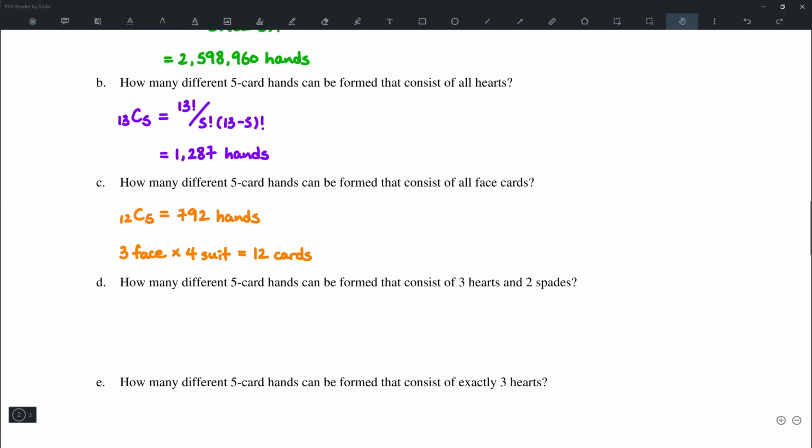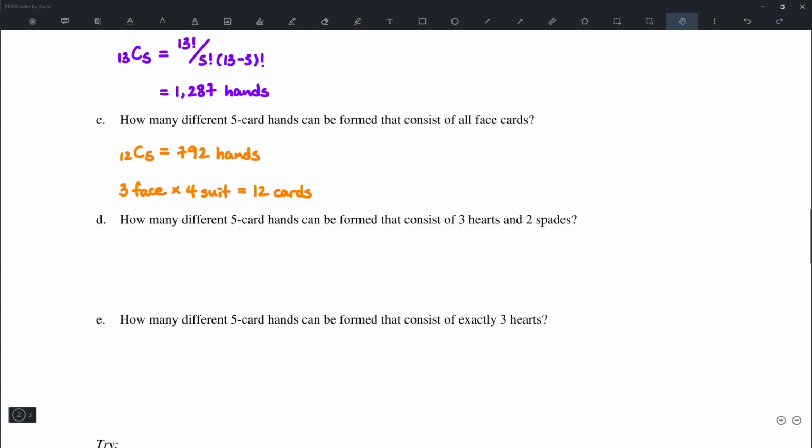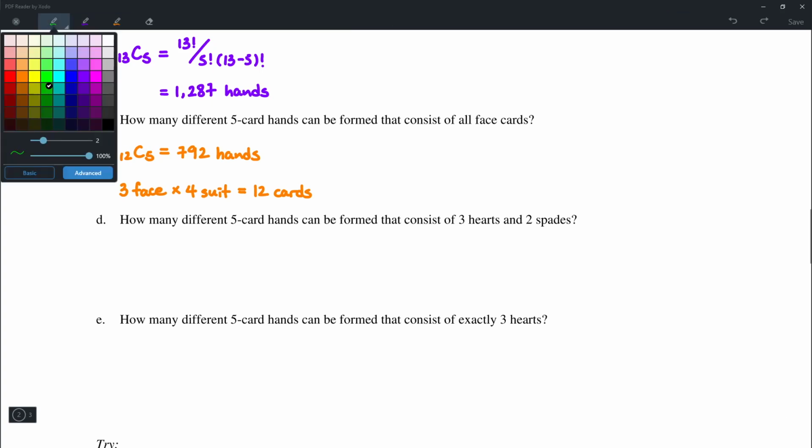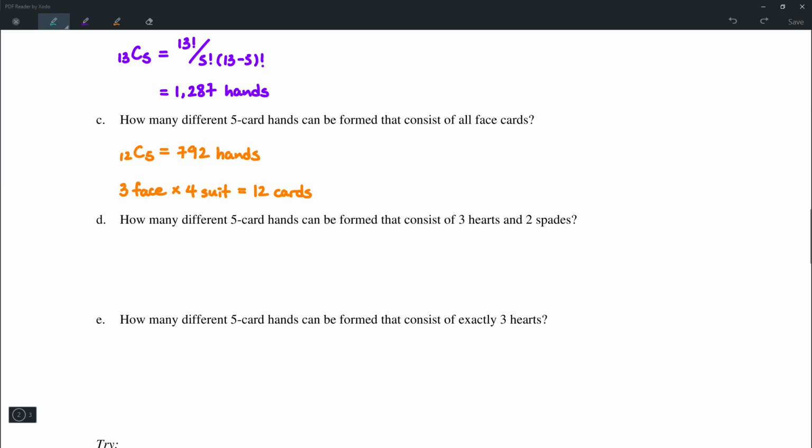For the next couple of parts, we are going to be using the combination formula along with the fundamental counting principle. So in this first one, we're looking at hands with 3 hearts. So there are 13 hearts to choose from. We're going to choose 3 of them. And then there are 13 spades. We're going to choose 2 of them.